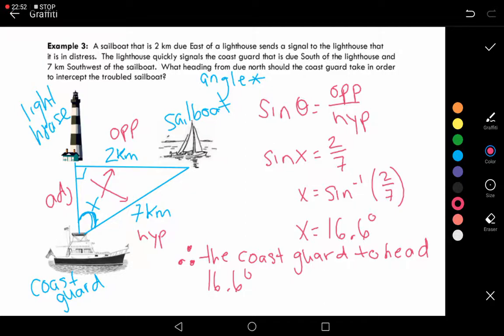And again, the direction doesn't really matter, but it would be northeast. Therefore, the Coast Guard should head 16.6 degrees northeast to the sailboat. Or we'll just call it the boat. Okay, so that was that angle measurement X that we calculated there. Okay, one last example here.